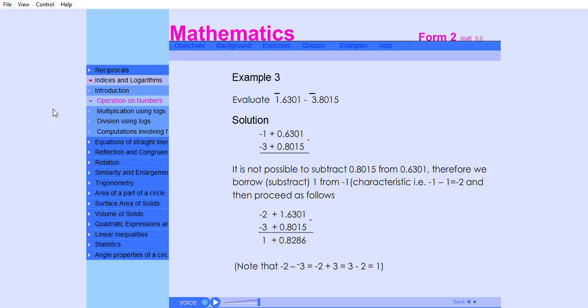And then we proceed as follows. -2 plus 1.6301 minus -3 plus 0.8015 is equal to 1 plus 0.8286. Note that -2 minus -3 is equal to -2 plus 3, which is equal to 3 minus 2, which is equal to 1.